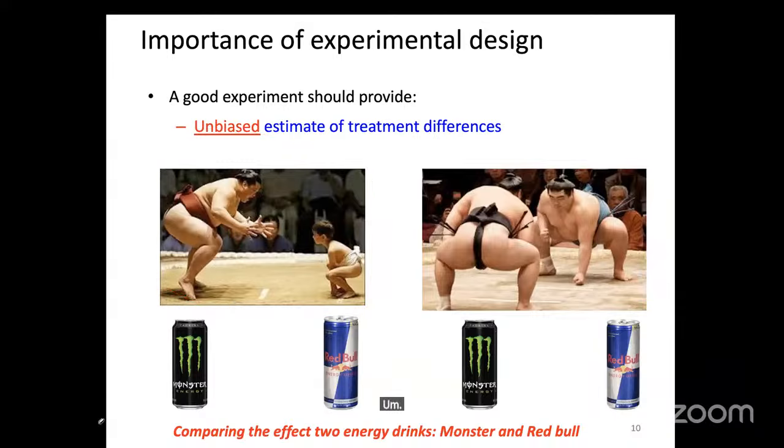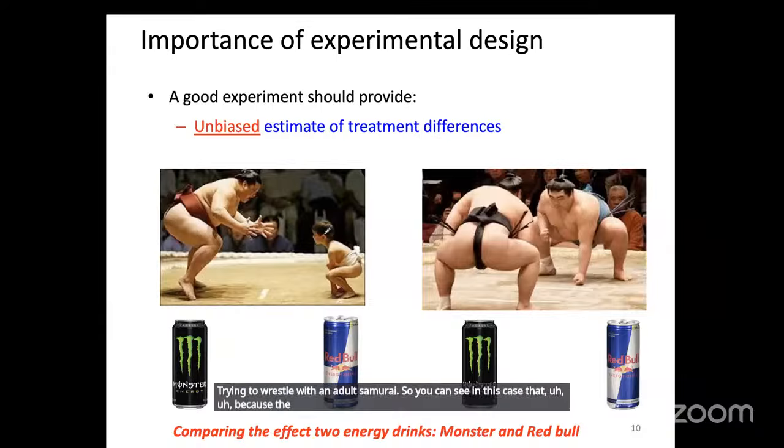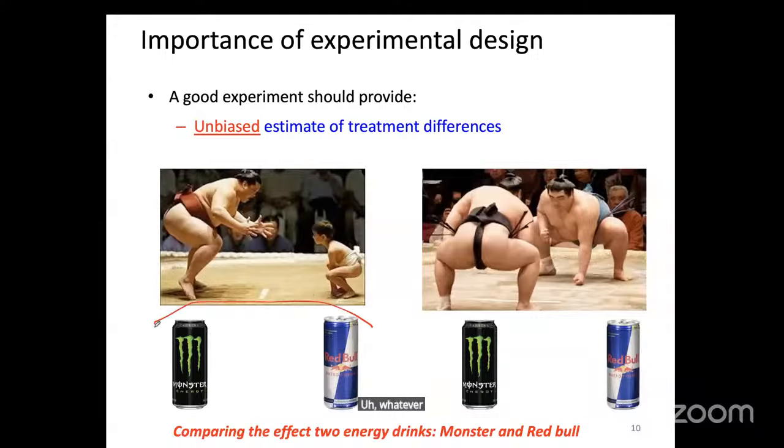In the first case, we have a small child trying to wrestle with an adult samurai. So you can see in this case that because the experimental units are not uniform, whatever result is going to come out of this experiment is likely going to be questionable.